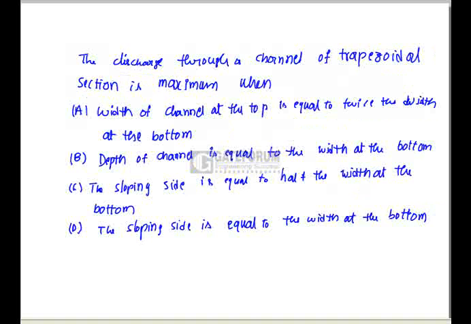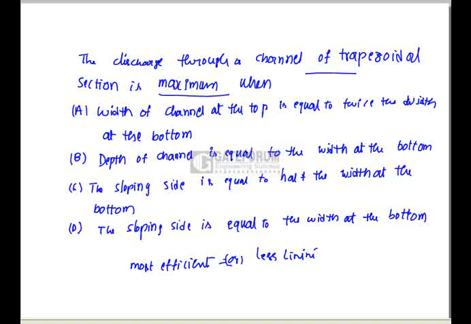The question is, the discharge through a channel of trapezoidal section is maximum when. The same question can be formed in terms of the most efficient trapezoidal section, or the least lining required for the trapezoidal section, or maximum discharge.